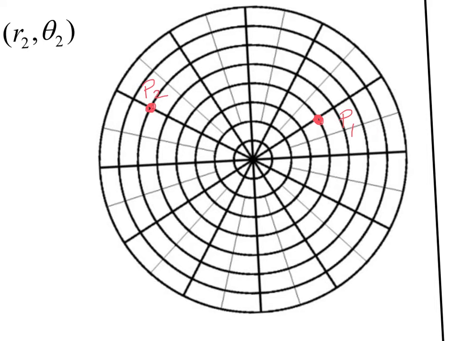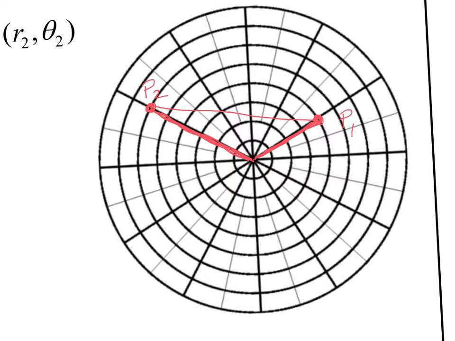Now, if I'm trying to find the distance between these 2 points, I can't exactly do Pythagorean theorem like I would if I were on a rectangular coordinate plane. So instead what we're going to do is we're still going to make a triangle. However, this triangle, the 2 sides are going to be found by drawing in the segments that connect the pole to the points.